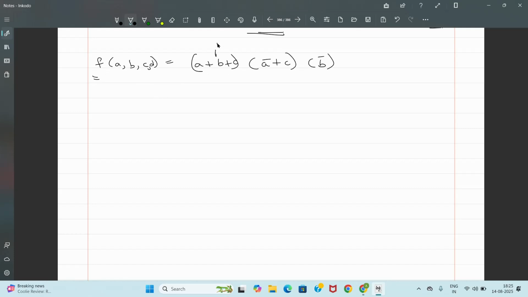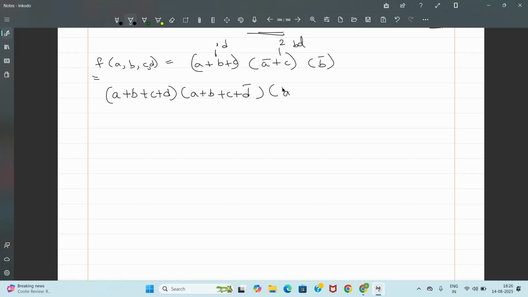As I told you, if there is one variable missing, two possible outcomes will be there. So I'm going to repeat this two times, leaving space for the missing variable. One variable d is missing. It has two possible outcomes. It can be either d or d bar. In the next one, you have two variables missing, b and d, which means four possible outcomes.